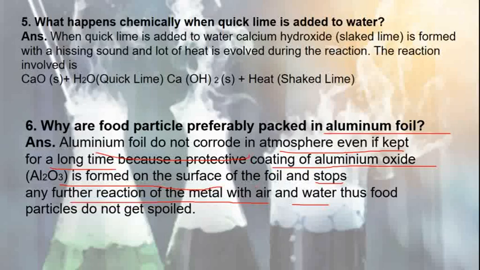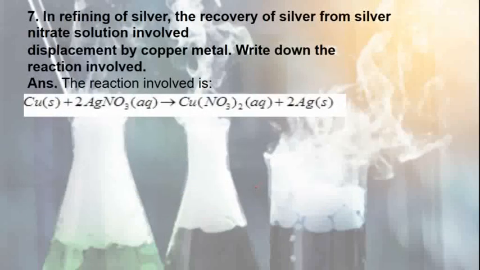So let us move to the next question. Here is the question: in refining of silver, the recovery of silver from silver nitrate solution involved displacement by copper metal. Write down the reaction involved. So for obtaining silver, we need to displace it by copper metal. As we know, copper is more reactive than silver.